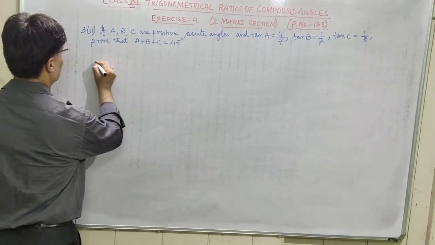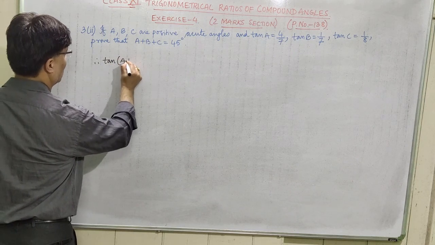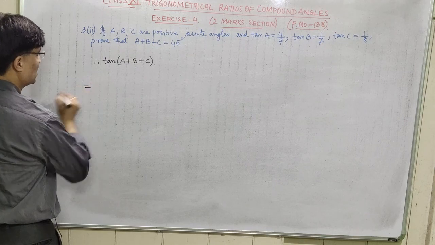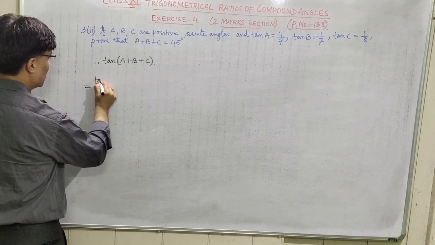So let us find out tan of A plus B plus C, which is equal to, you know the formula, isn't it? What is the formula?